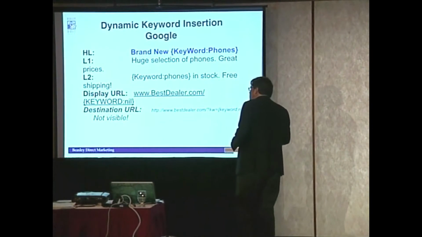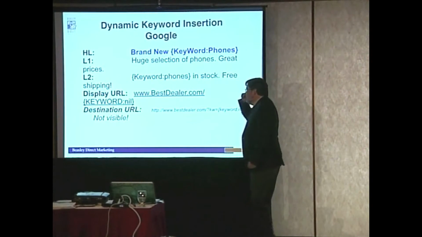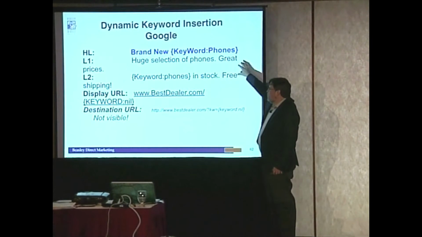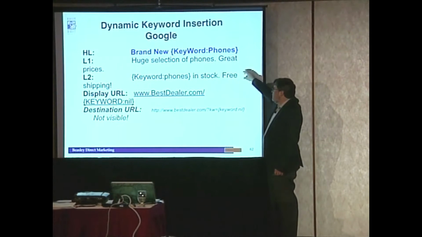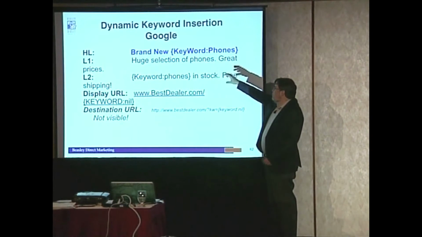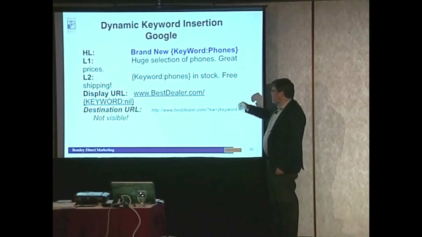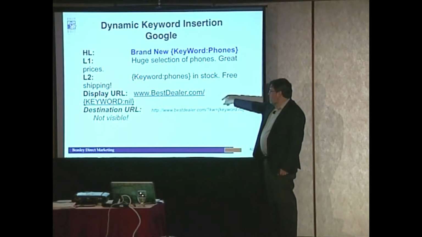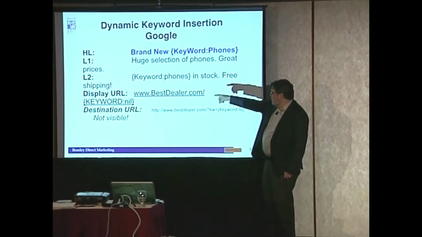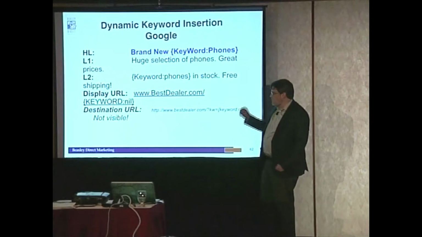Okay, back to dynamic keyword insertion. So here is our ad written out with DKI worked into it. Headline: brand new {keyword} phones, close keyword. Huge selection of phones, great prices. Line 2: {keyword:default text} phones, in stock, free shipping. Then display URL, bestdealer.com/{keyword}.